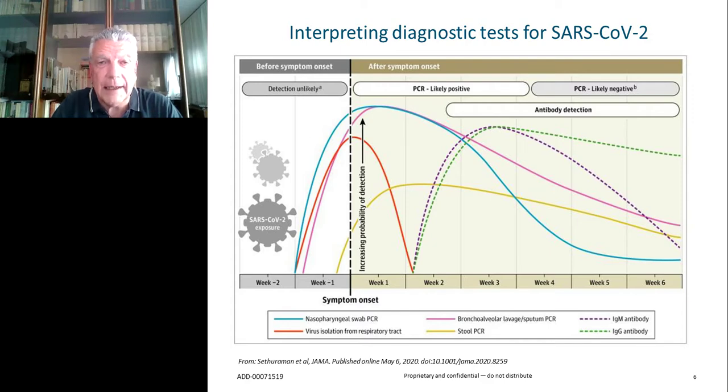At the same time, the antibody response to that infection appears more or less in this period. We will be more precise a little bit later. So by coupling RNA detection and antibody detection, it is possible to help in diagnosing the infection much better than relying on PCR or RNA testing alone.